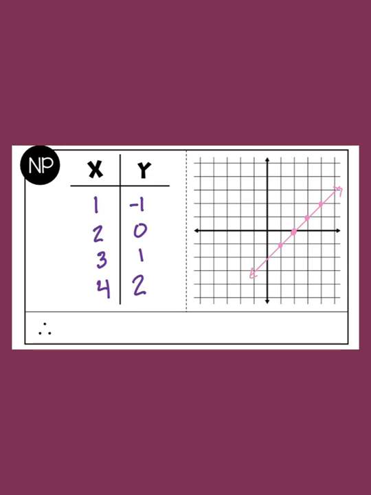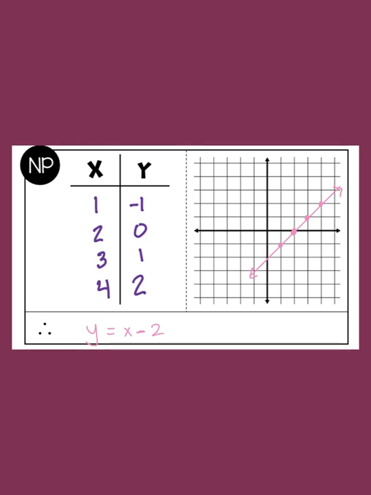Well, when I'm across the y-axis, it's at negative 2, isn't it? So I'm subtracting 2 every time. This is because it's an additive relationship, and my equation is y equals x minus 2. Now that's not every relationship.